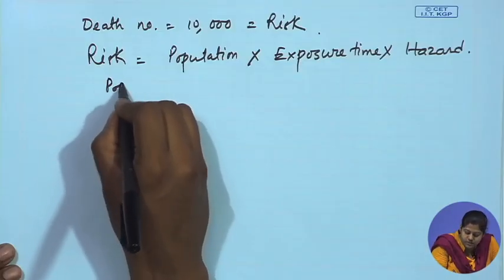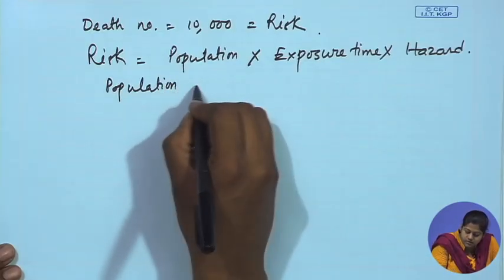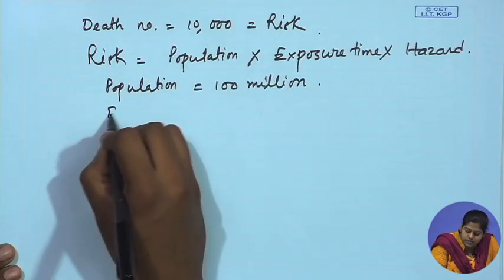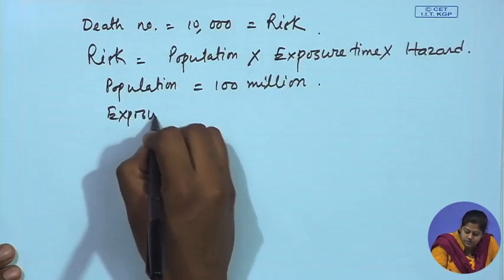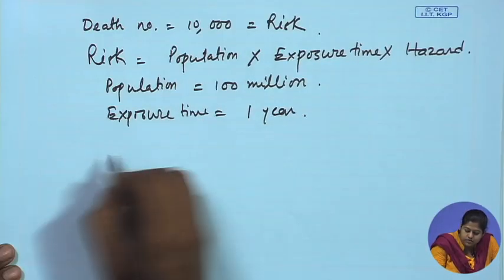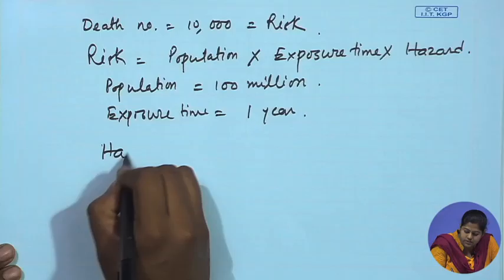So the population is 100 million and exposure time is also given, it is 1 year. So we can calculate our hazard because risk is already given.